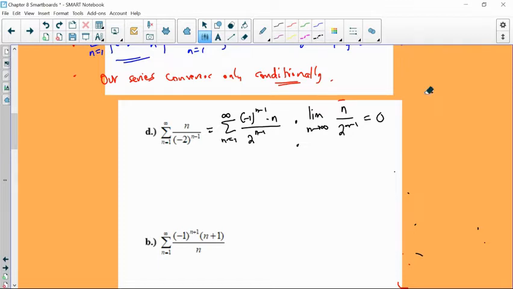If you needed to verify that this is decreasing, you need to show that for any term you pick in the sequence, like n over 2 to the n minus 1, the next one needs to be smaller than what you just had. The next one in the numerator would have been n plus 1, and in the denominator, 2 to the n. And again, that might not be as obvious. So here's how we're going to justify that. It's pretty clever, I think.